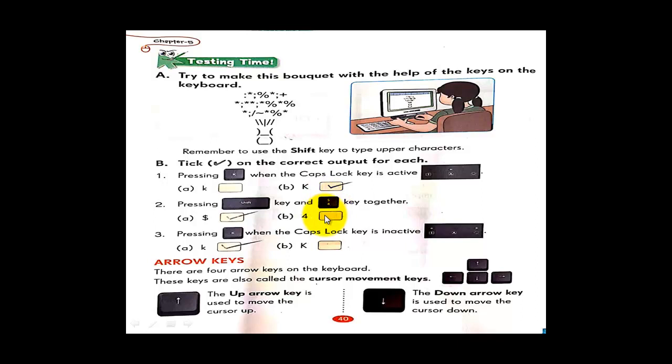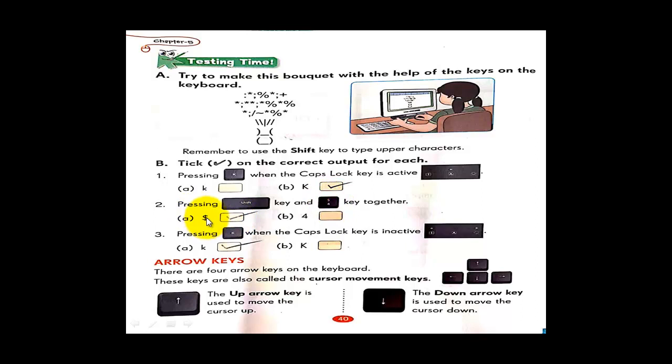But if you simply press this key without pressing the shift key, it will display number 4 on the screen. But if you press the shift key and this key together at once, it will display the letter or the character which is on top, the dollar sign.